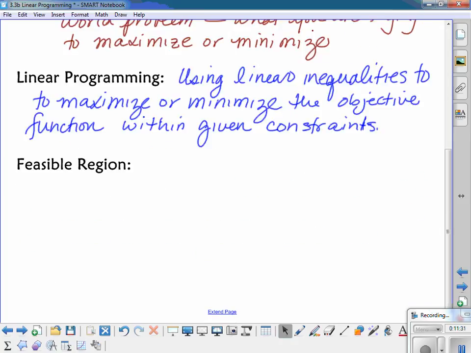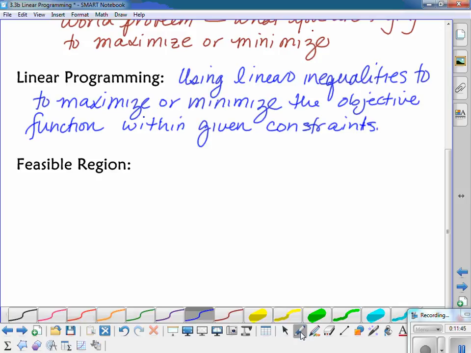So who had feasible region, what that might be from the reading? Yes. Right, it's just the intersection of the graphs of our constraints.